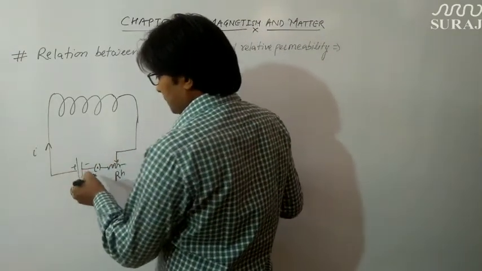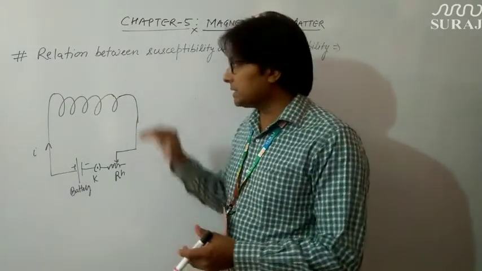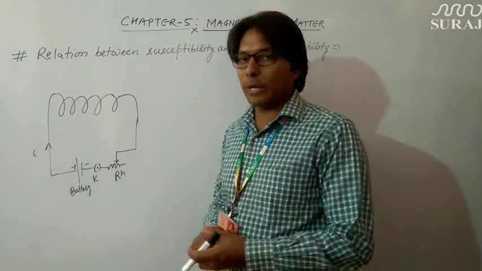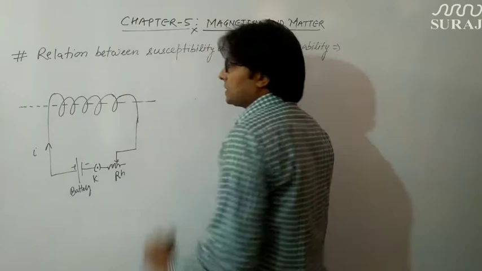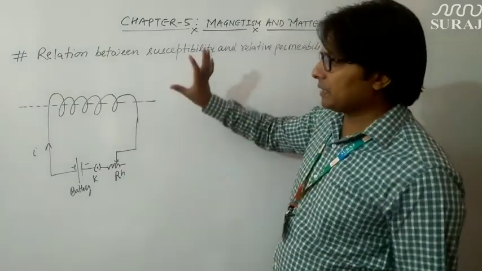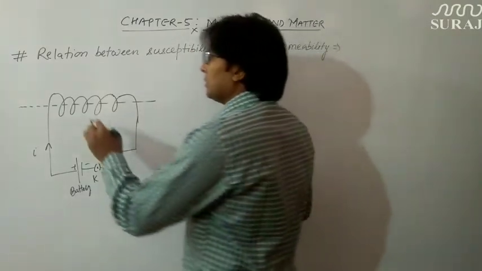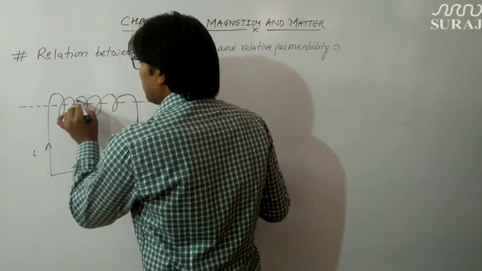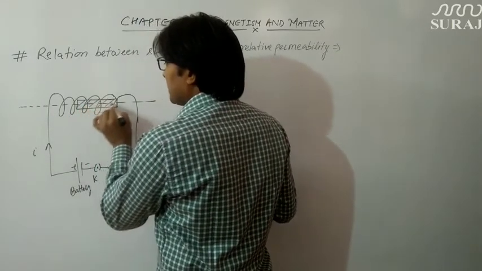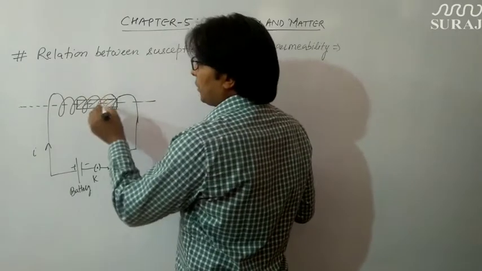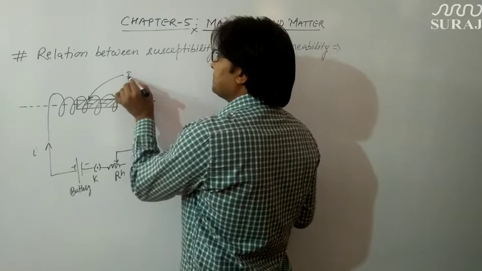So due to this battery, current will flow through this solenoid, and inside this solenoid there will be a strong magnetic field. The maximum magnetic field will be at the axis of this solenoid, and the direction can be found using the right hand thumb rule. If I put a ferromagnetic material or a rod of iron inside this solenoid, then definitely this iron rod will get magnetized.